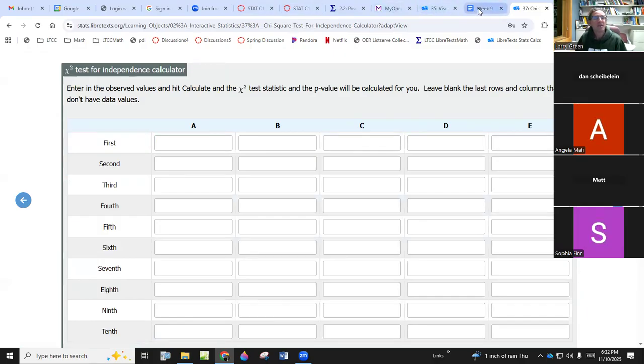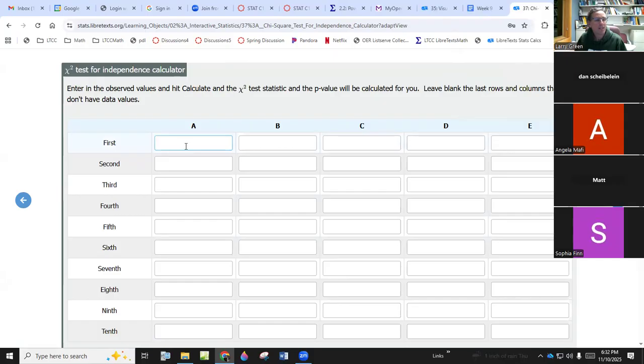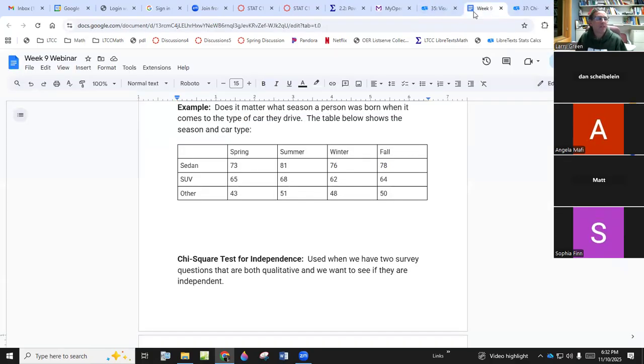Okay, so then we go ahead and we have 73, 81, 76, 78. So 73, 81, 76, 78. And then for the second one, those will be the SUVs, 65, 68, 62, 64.